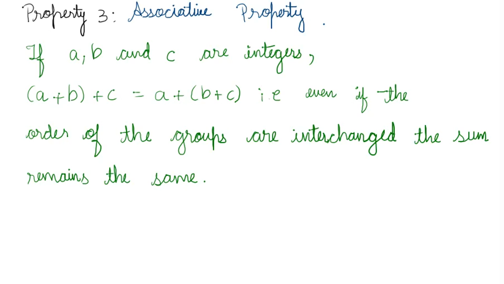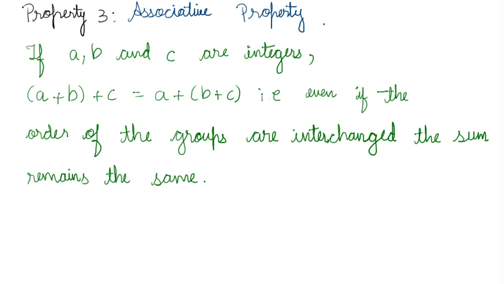The third property is the associative property. The associative property states that if A, B and C are integers, A plus B plus C equals A plus B plus C, with the groups taken differently. That is, even if the grouping is changed, the sum remains the same.